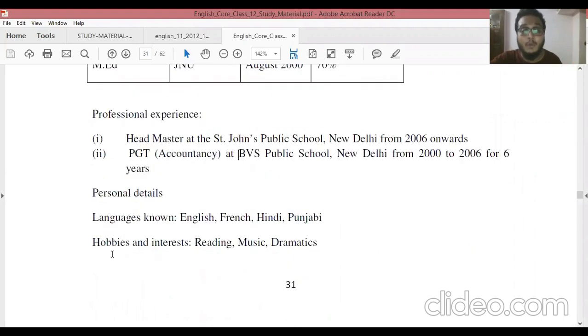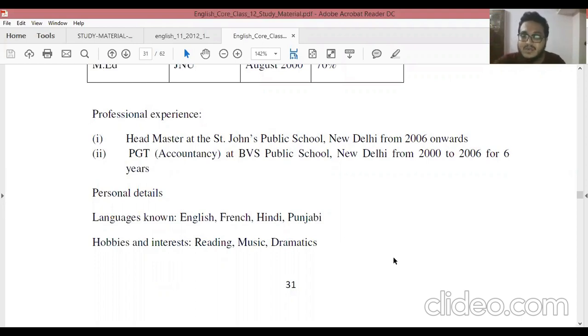And at the same time, hobbies and interests. Whether a chemical engineer, businessman, accountancy teacher or some other teacher, as per his profile, his hobbies and interests will come up. So when you are writing the resume part, as per the application of that person, his interest will come.